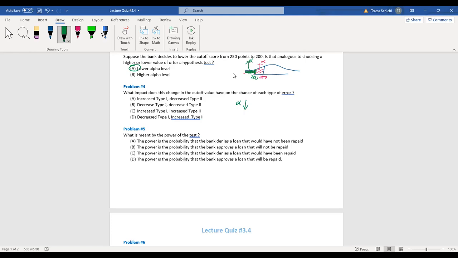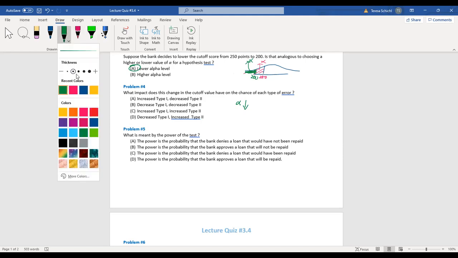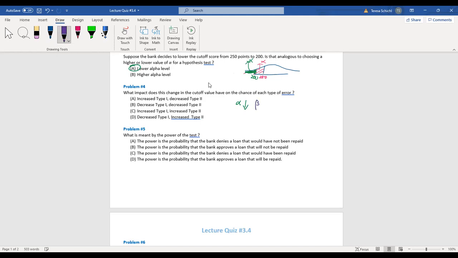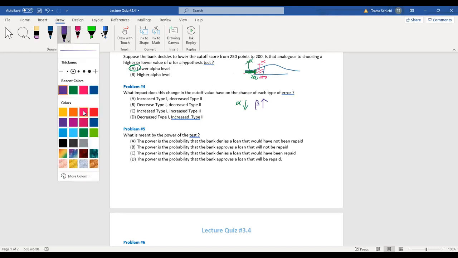We know alpha and beta, type 1 and type 2, go in opposite directions. So if alpha goes lower, then what happens to my beta value? My beta value is going to go up, correct?